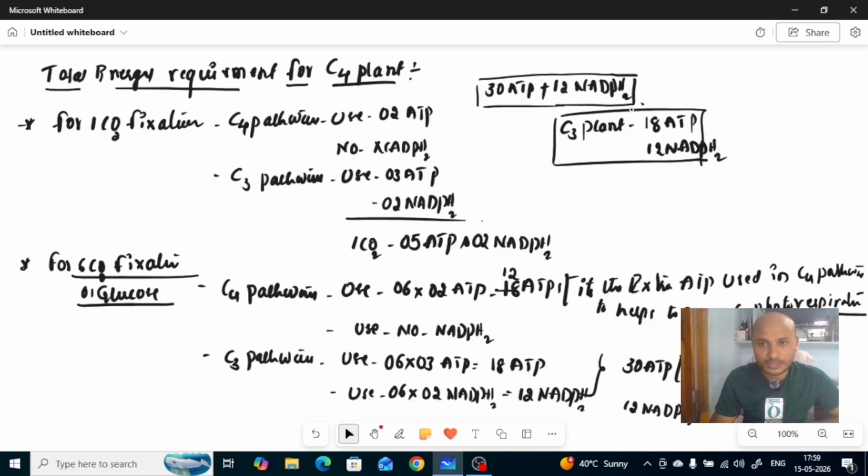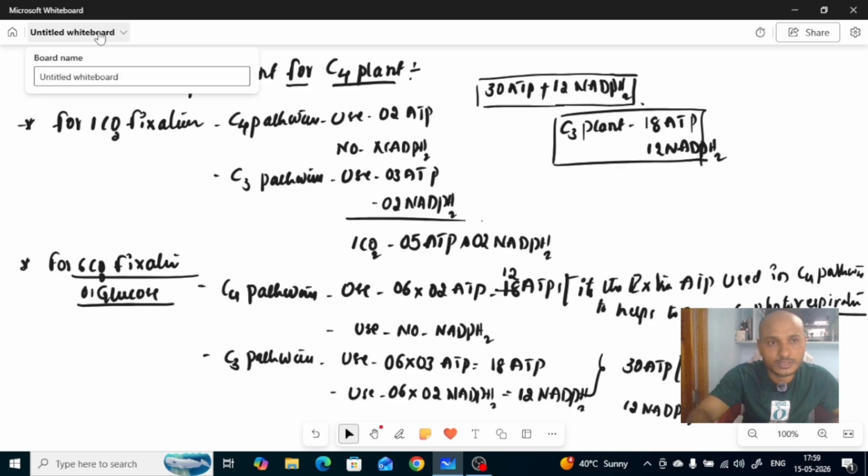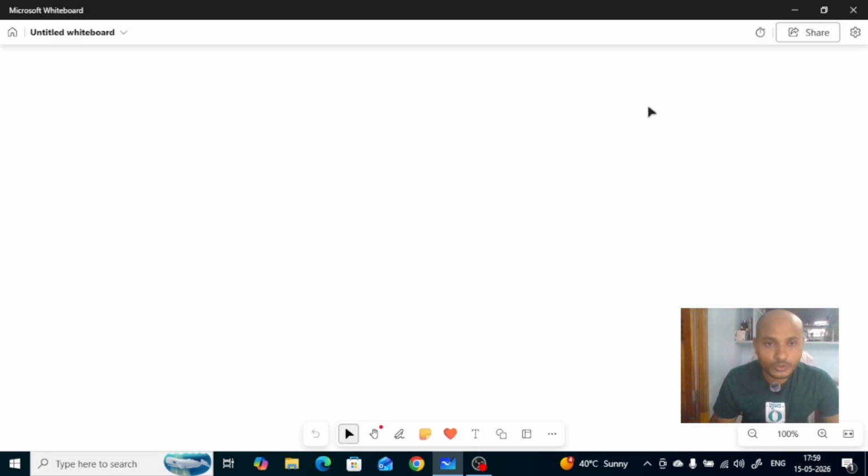Now coming to the characteristic features of C4 plants. Now we will discuss what the important characteristic features of C4 plants are. Generally C4 plants are found in dry tropical regions.